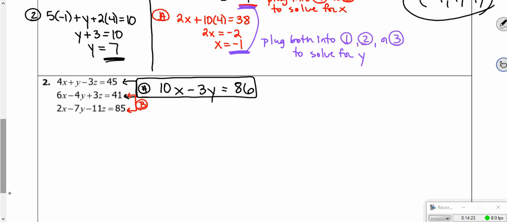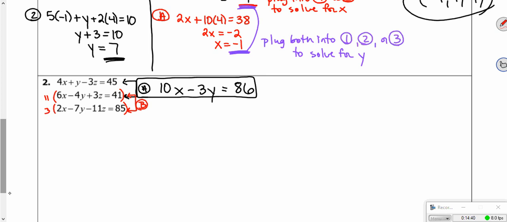By 11, and then the bottom one I'm going to have to multiply by 3. So I'm taking this one by 11 and this one by 3 so that my z's will cancel again.